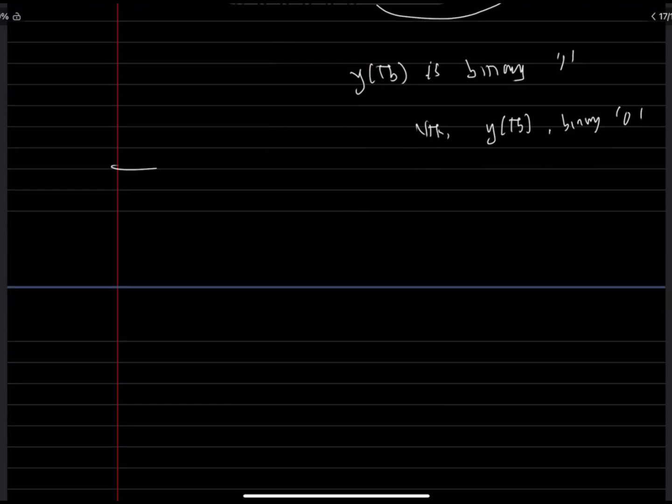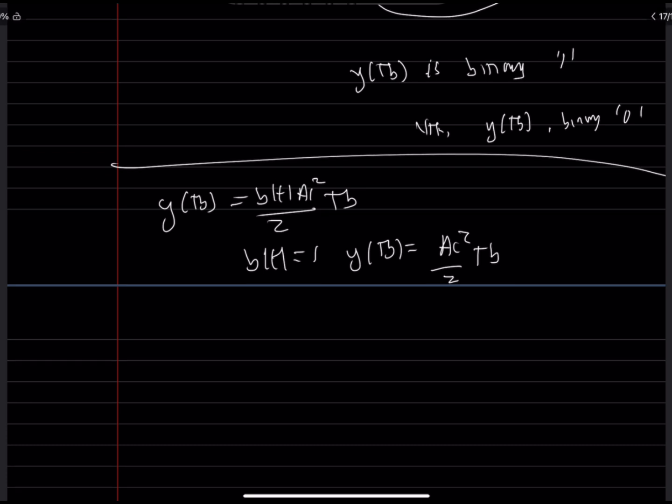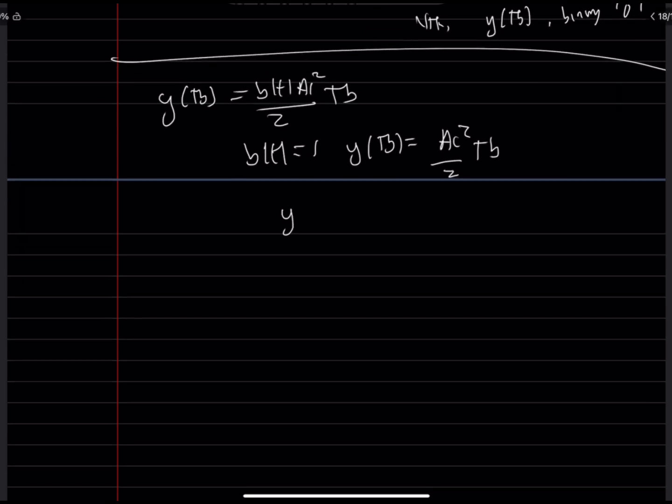You can even analyze it in such a way that if you get y of tb here, which is b of t ac squared over 2 tb, for binary 1, which is b of t equal to 1, we are going to have y of tb equal to ac squared over 2 tb. And then for binary 0, y of tb will give us 0. So that is all you have to know about the detection of the binary ASK.